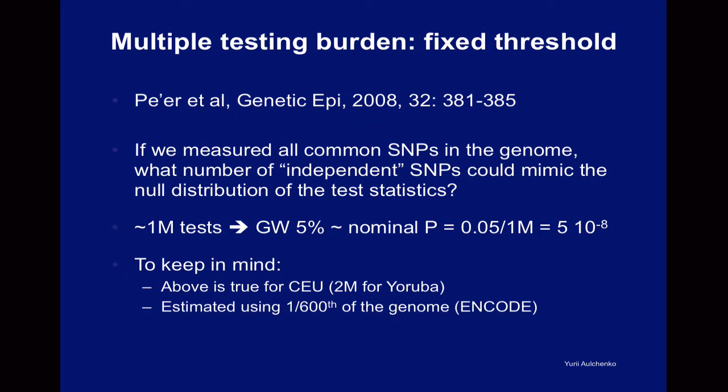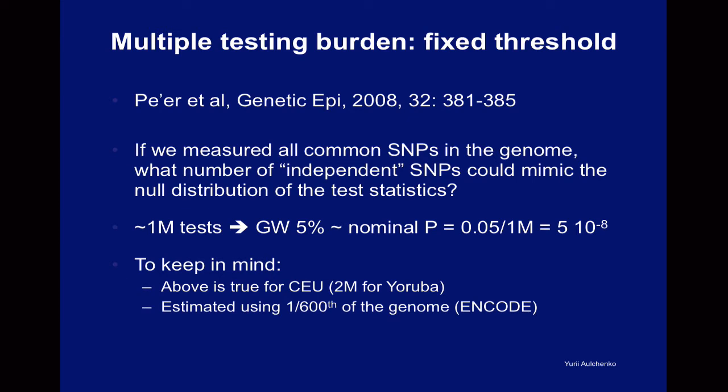So one method which is currently being used is multiple test burden correction, and the idea of this method is very neat. The authors of this paper published in Genetic Epidemiology asked the question: if we were measuring all common SNPs in the genome, and the number of these common SNPs in the human genome is about 10 million, how many effective tests would we be doing?